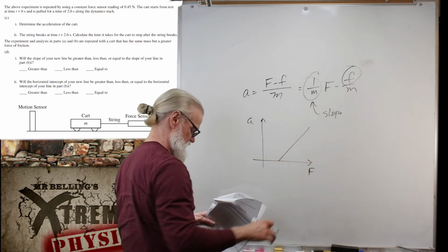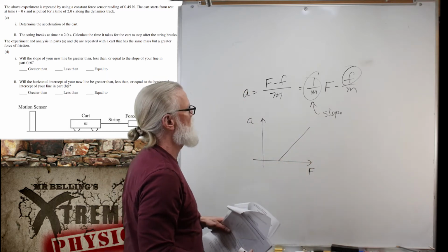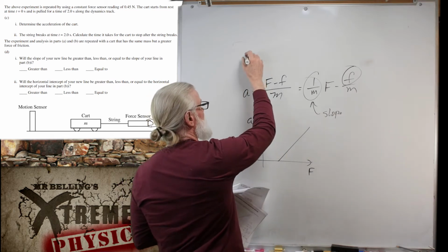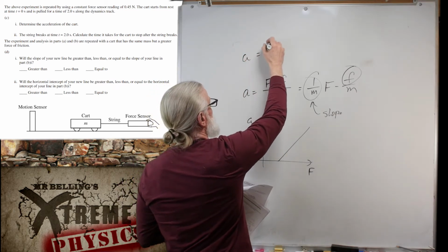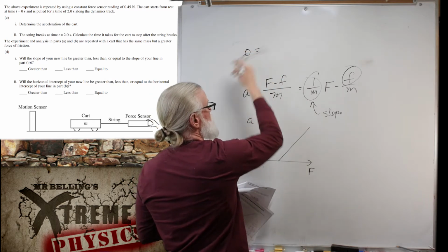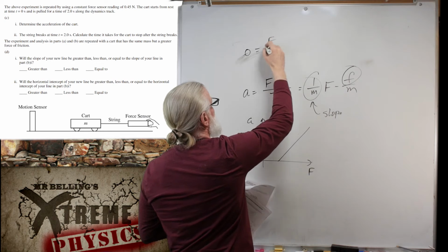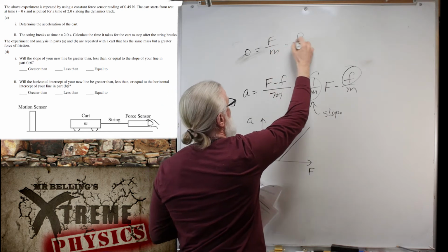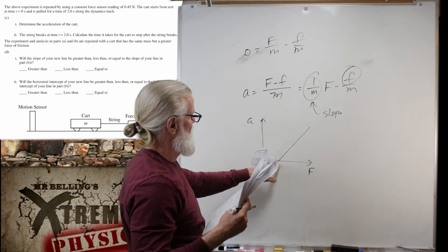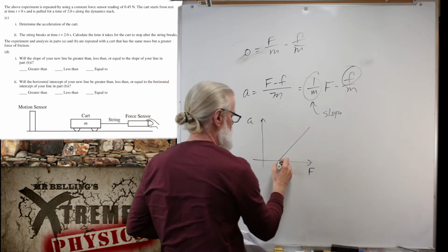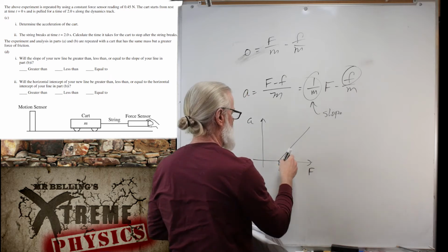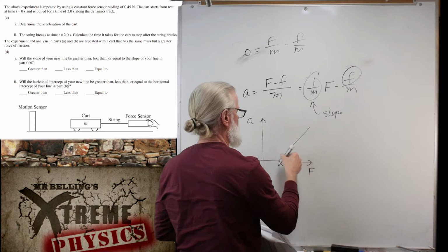There's our horizontal intercept. And when does that occur? That occurs when A is 0. So we take our equation, set A equal to 0, and I already did this earlier, but we'll do it again. This intercept is the friction, F. And if friction is greater, that intercept will be greater.